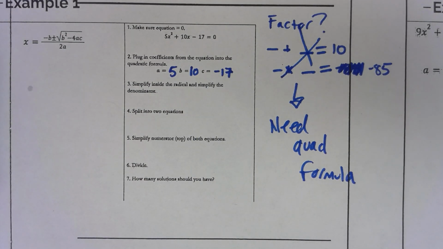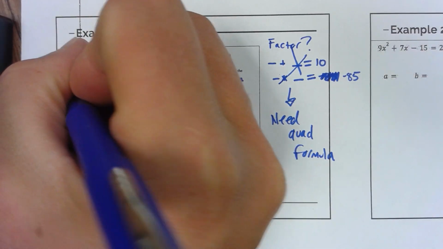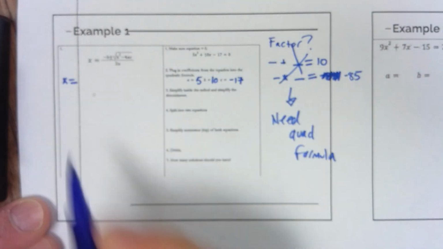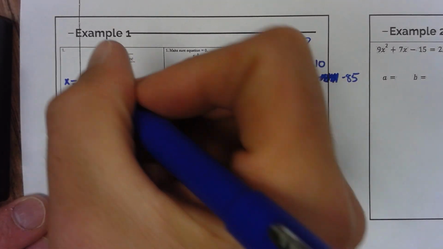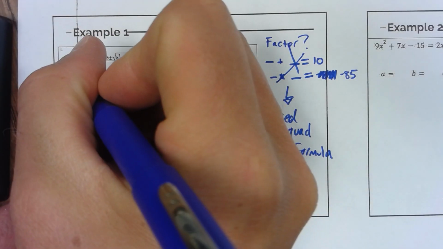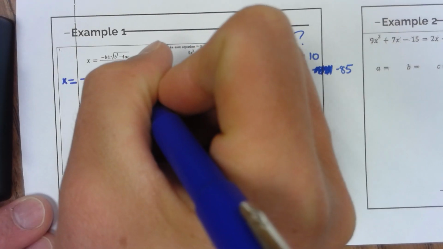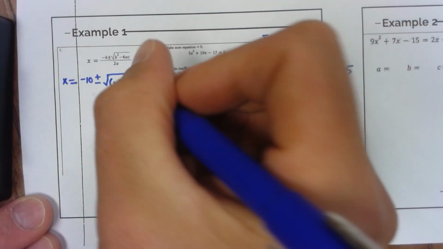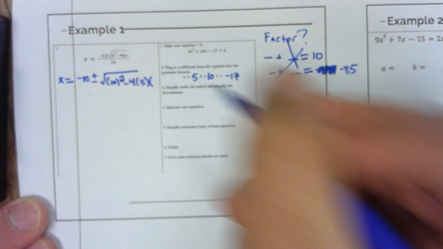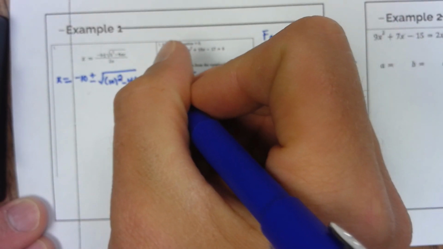And use of parentheses here is so important. So our quad formula, plugging all the values in, is x equals negative b, which means to take the b value that we identified and make it negative. So that's negative 10 plus or minus the square root of, same b value showing up again, 10 squared, minus 4 times 5 times negative 17.